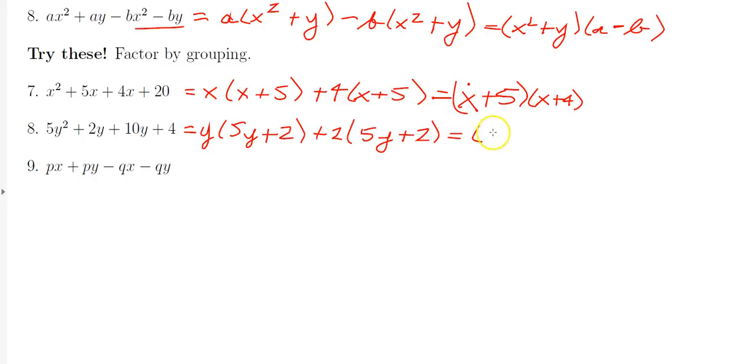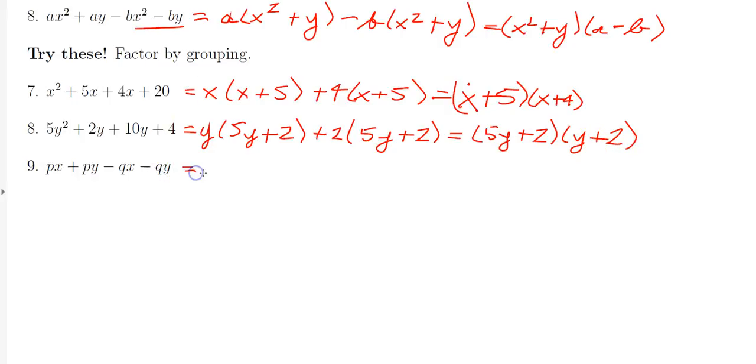So 5y plus 2 is a common factor, and that's multiplied by y plus 2. So we have 5y plus 2 times y plus 2. So we have 5y squared, we have a 10y, a 2y, and a 4 when I FOIL that out.